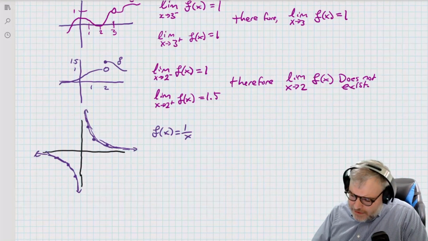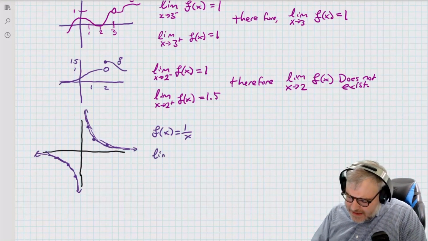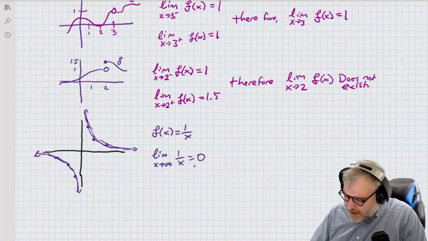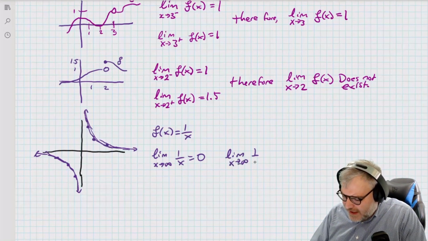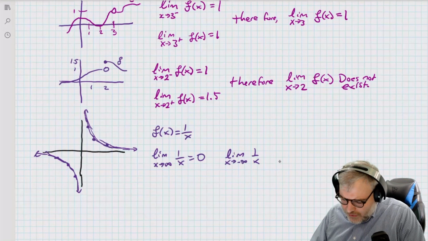Right? So the limit as x goes to positive infinity of 1 over x equals 0. The limit as x goes to negative infinity of 1 over x, that should be a negative infinity, of 1 over x equals 0.